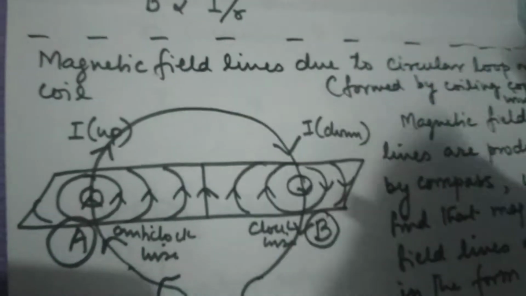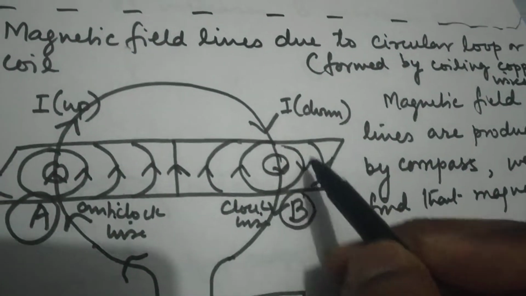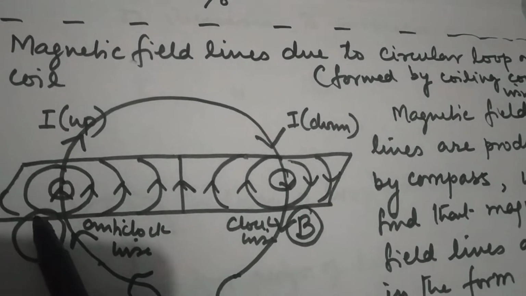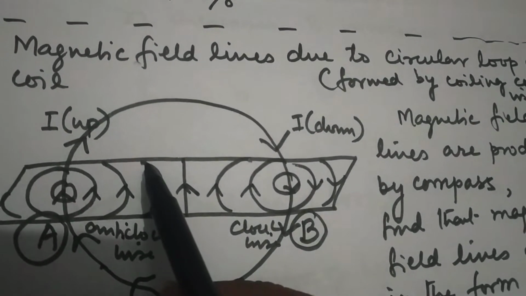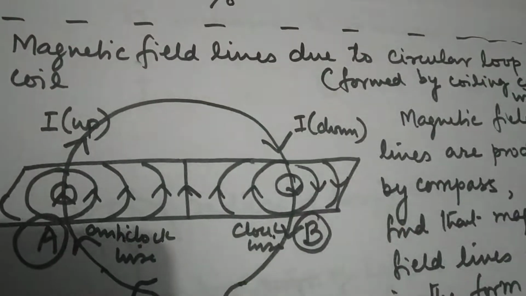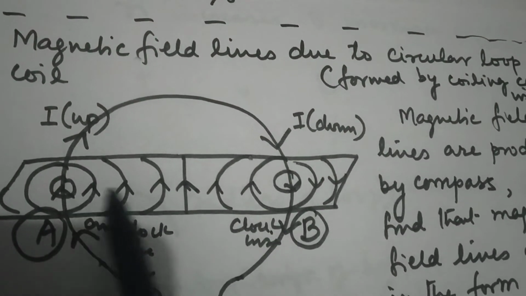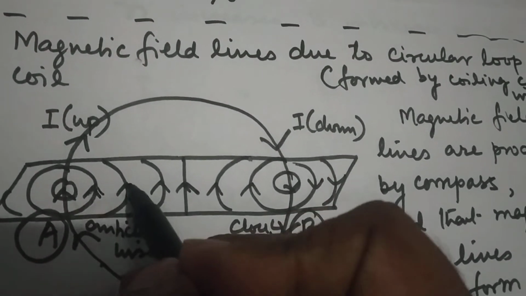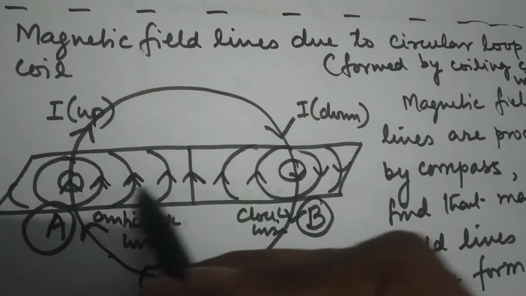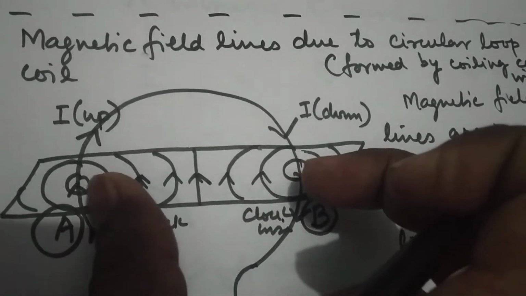Here the current is going down, and again your fingers move in the clockwise direction. Please understand that here it is moving anti-clockwise and here clockwise, but in the coil all the lines have the same direction. So they add up; these lines' direction should not be reversed. They are the same in the coil.